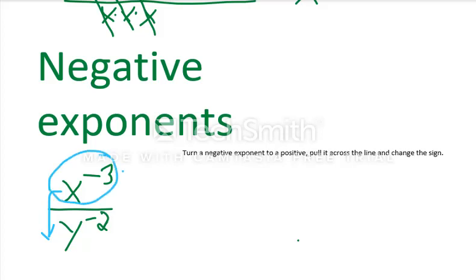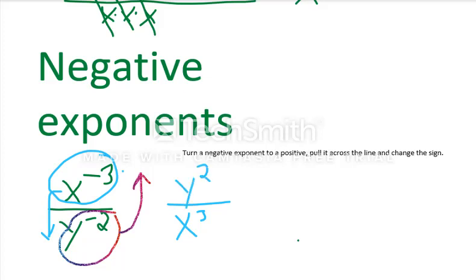So this whole piece is going to get pulled down and change the sign to a positive, x to the third. For the y, we are going to do a similar idea. We're going to take that y to the negative 2, pull it across the line up, and that will change our sign to a positive. So we are going to write y to the second power.